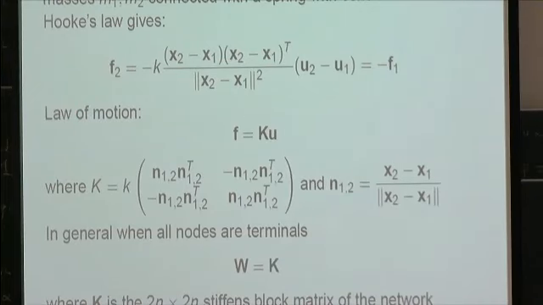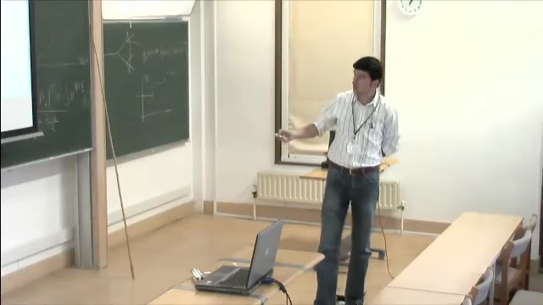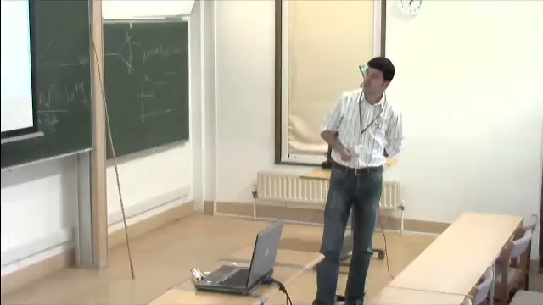In matrix form, as Professor Milton showed in his introduction in the morning, you can write the law of motion in matrix form, where the stiffness matrix in this case is given by this, n being the unit vector of the direction between the spring terminals.